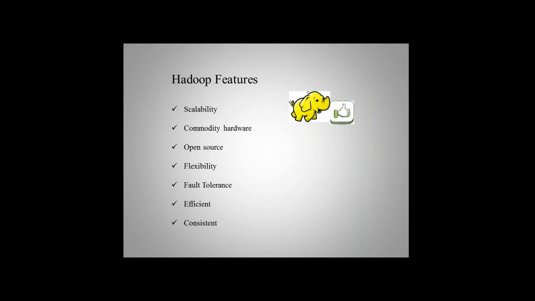So these are the basic requisites in the production environment. That indicates the commodity hardware, the cheap hardware.